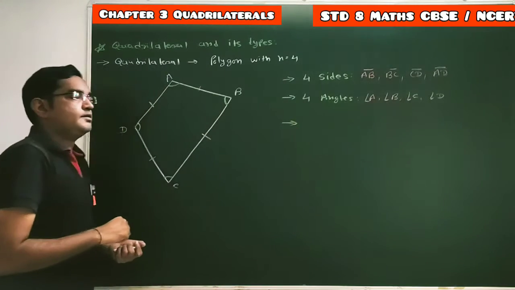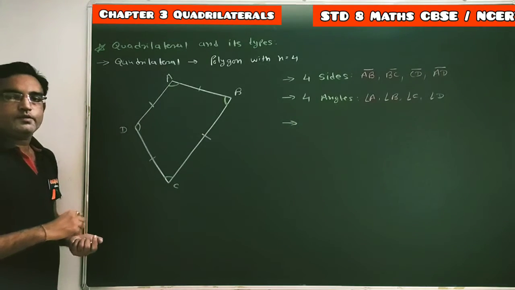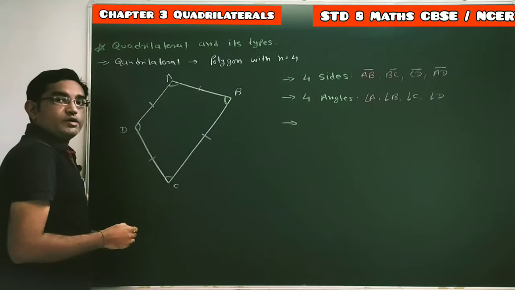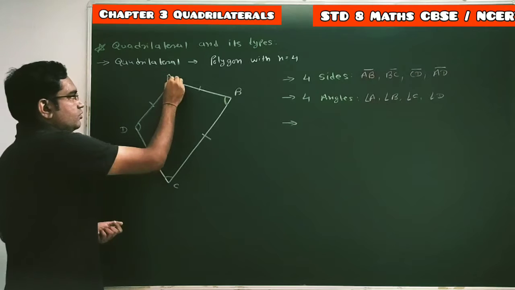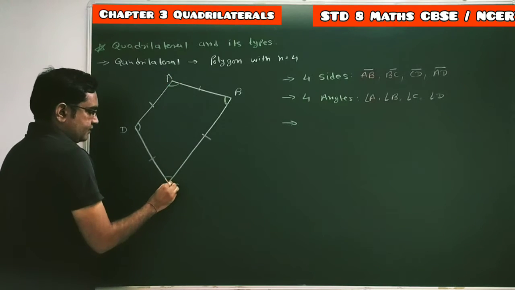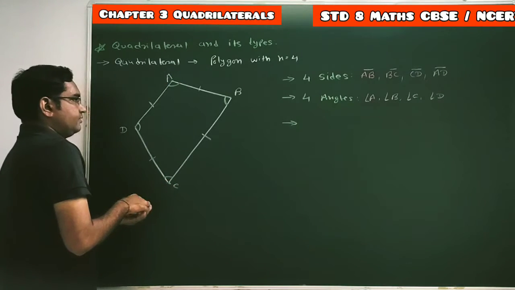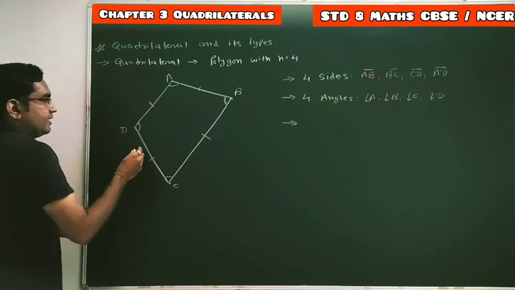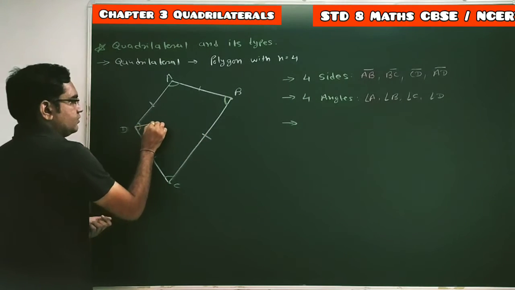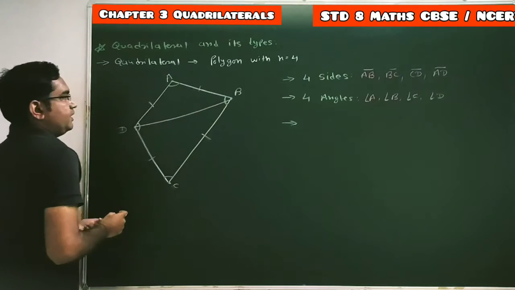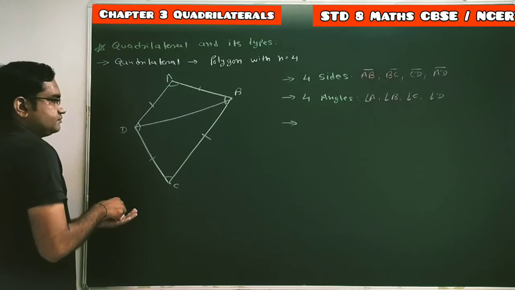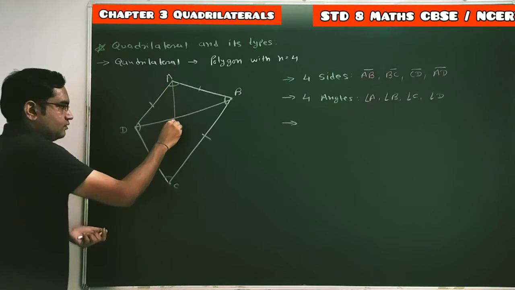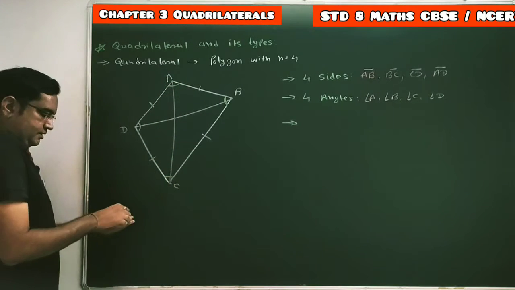also we discussed the number of diagonals. A diagonal is nothing but the line segment joining 2 non-consecutive vertices. The 2 non-consecutive vertices are A and C, and B and D. So here 2 diagonals are there, BD and AC.